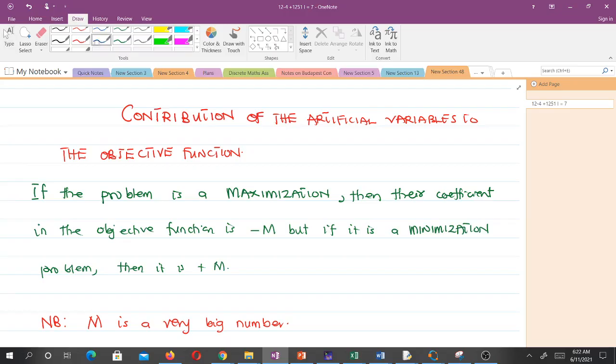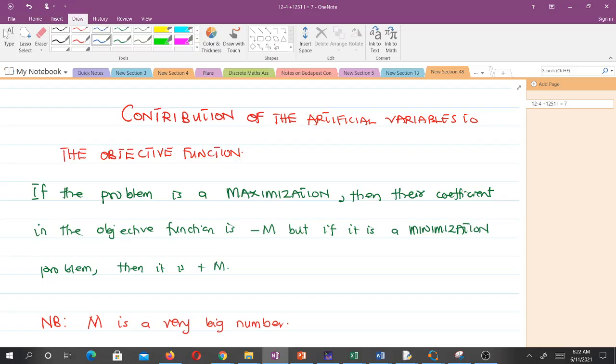If you could recall, when we were talking about the slack variables, we said they have zero contribution to the objective function. When it comes to the artificial variables, that's not the case.